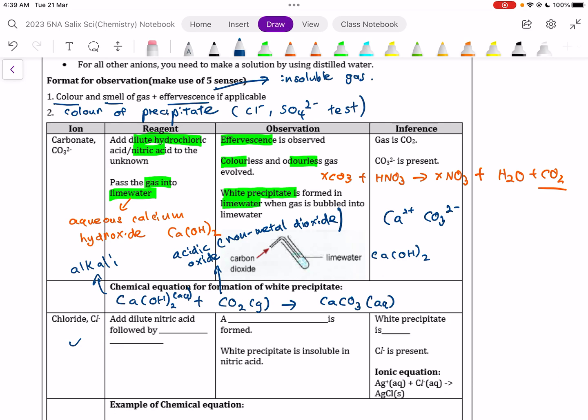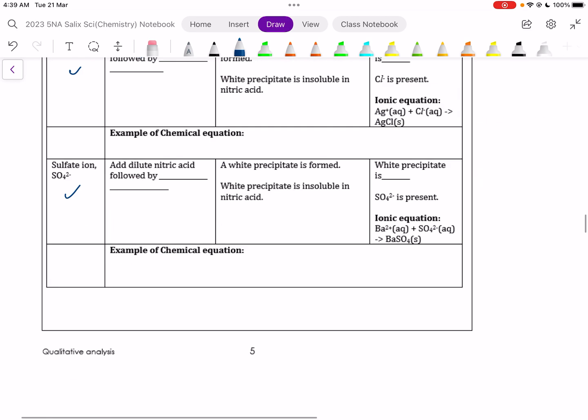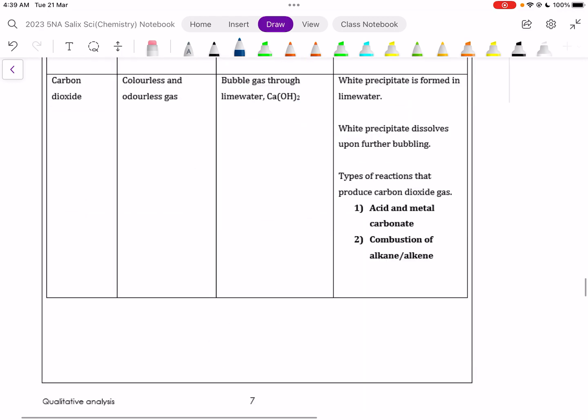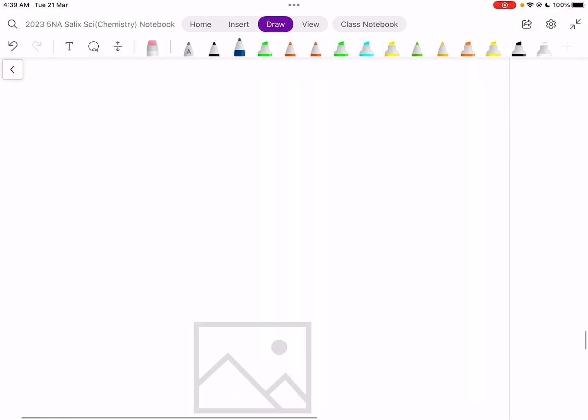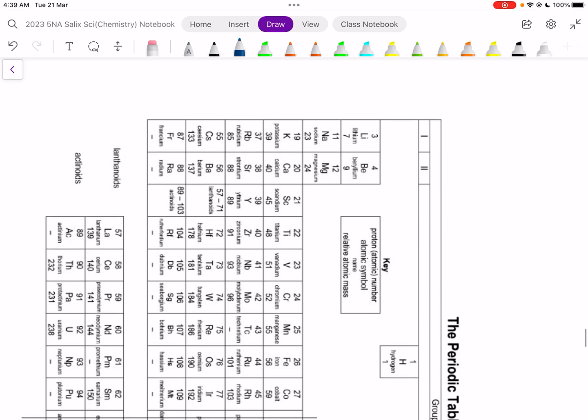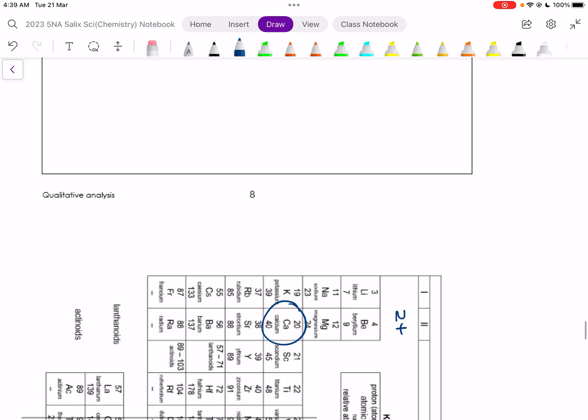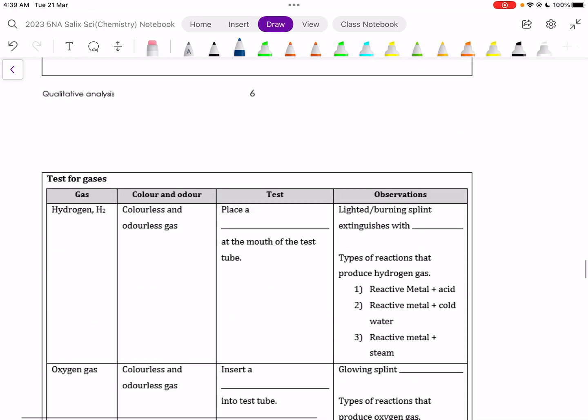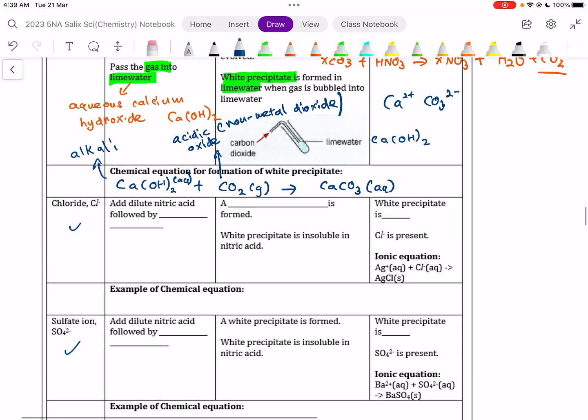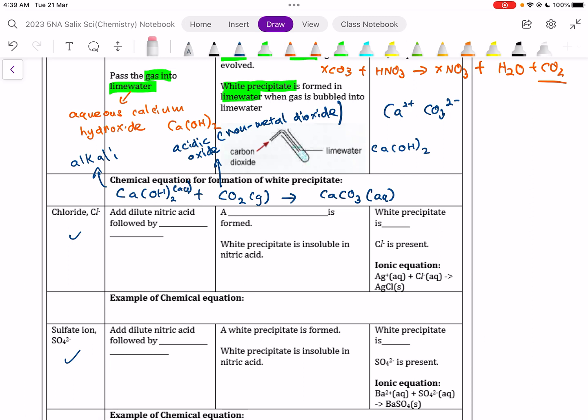There's a periodic table at the end of this, so you can see your periodic table. Calcium is over here, so that's why it's 2 plus. Calcium carbonate, sorry, the state symbol is wrong.